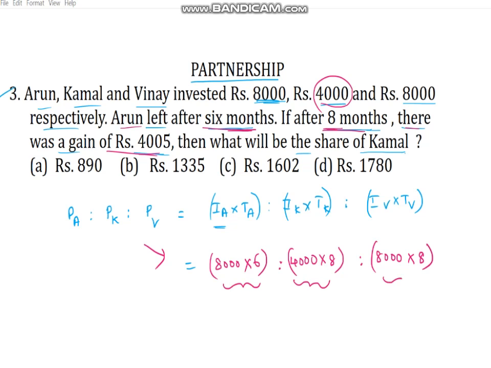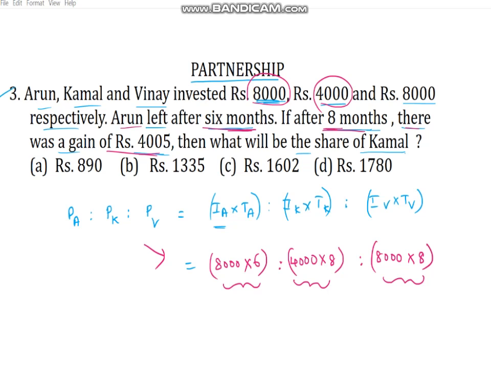Don't get confused here. Also, reading the question is very important. Sometimes at the end of 1 year, or sometimes 2 years, or 3 years, their gain depends on their time of investments. So forming this equation is very important.